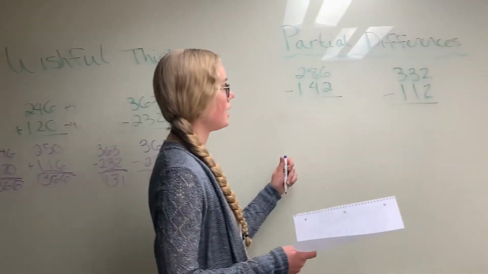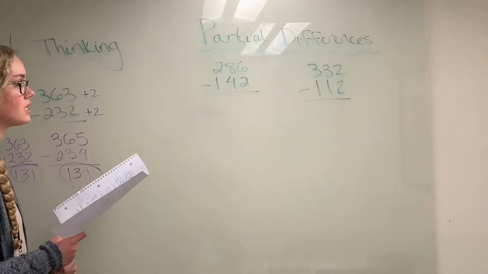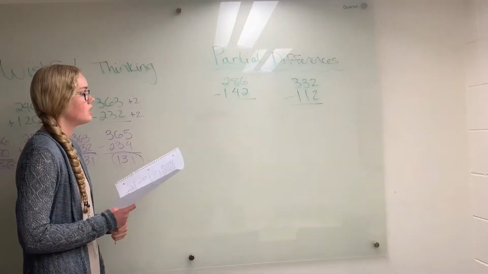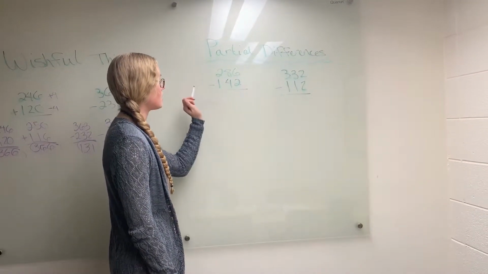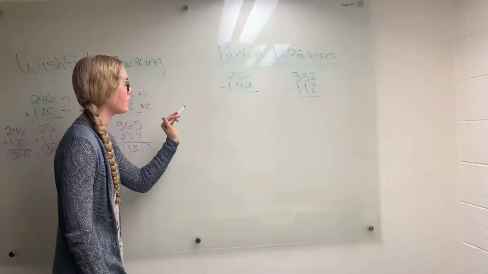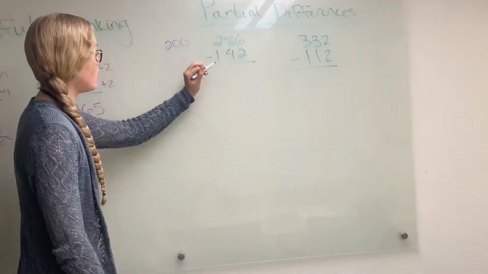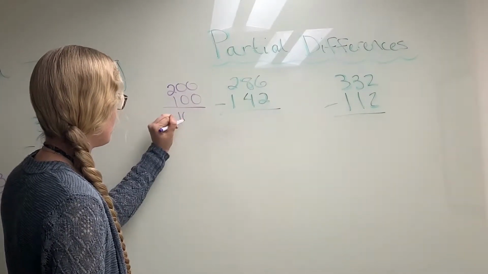And then our second alternative algorithm is partial differences, and this has a lot to do with place value. So rather than saying 286 minus 142, I can break this up and say 200 minus 100 gives me 100.